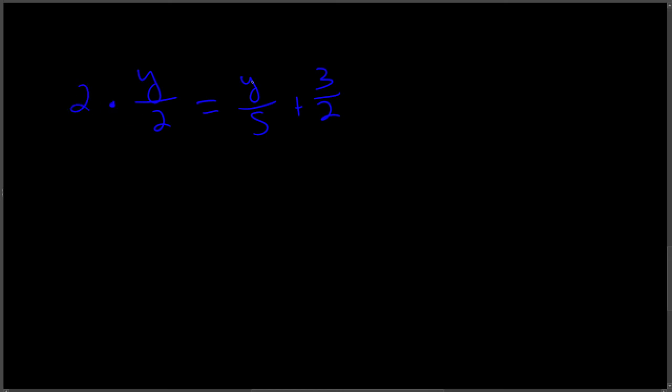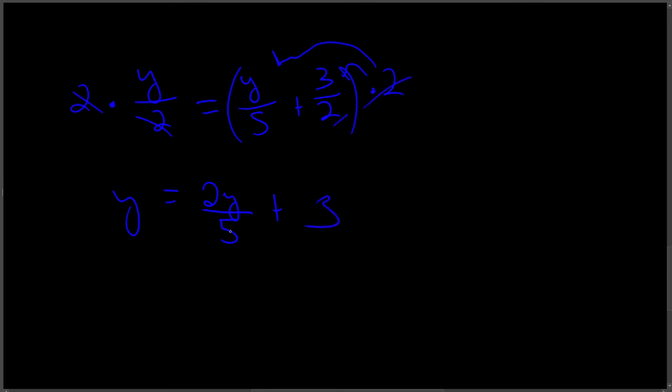So I'm going to multiply this side by 2, and I'm going to multiply this side by 2. These two cancel, leaving me with y. And this 2 is going to distribute to both of these terms. So when it comes to this term, I'm going to get 2y over 5 plus 2 times 3 is 6. I guess they'll cancel, and I'll get a 3.